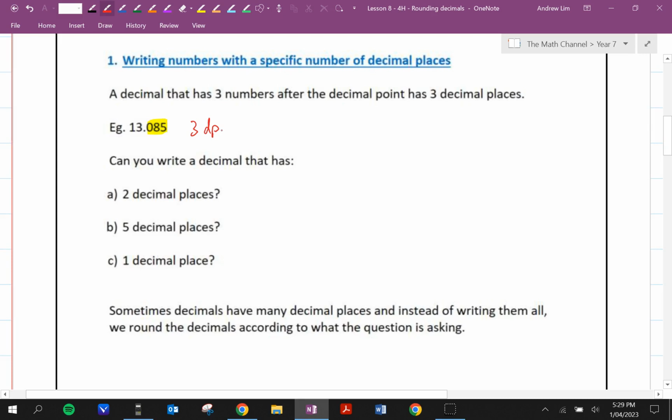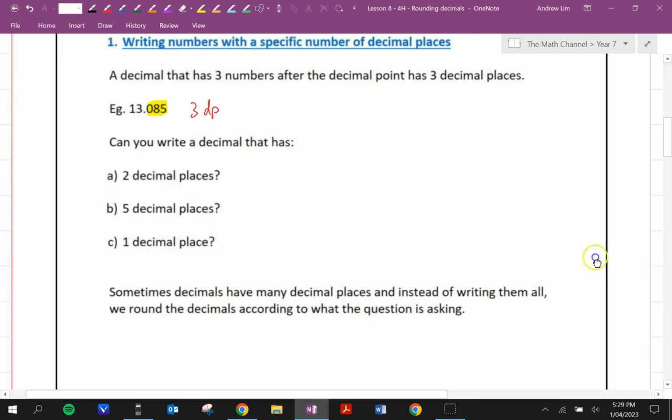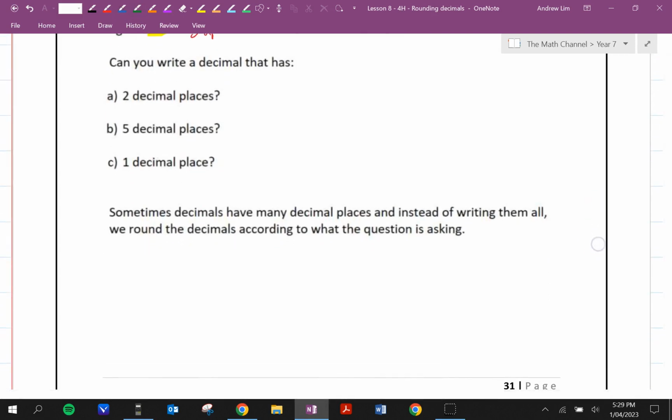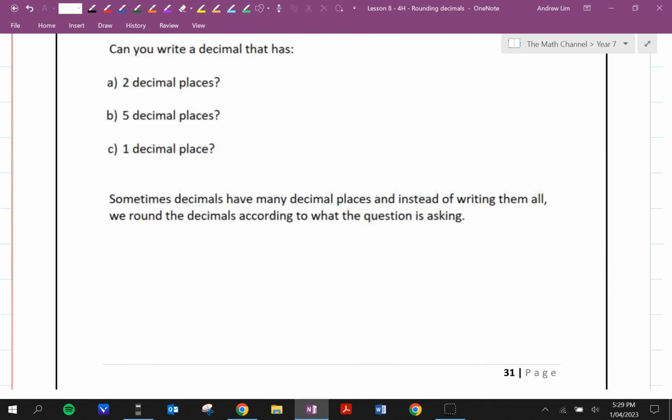Can you write a decimal that has two decimal places, 5 and 1? Have a go with this one. Alright, so there's pretty much an infinite amount of answers you could write. I'll just write an example for question A. We could have 13.62. Okay, this has two numbers to the right of the decimal place.